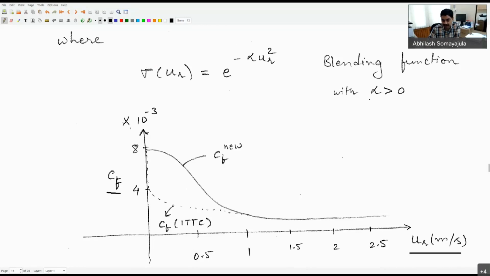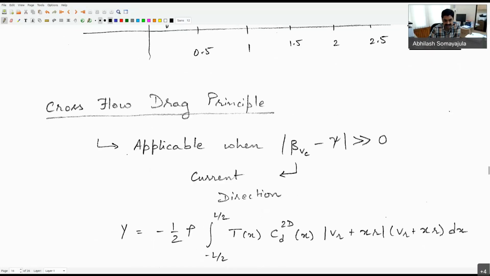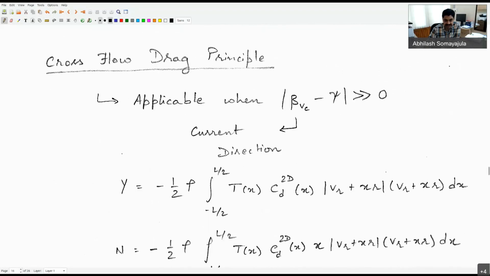Let's talk about what happens in the sway and the yaw. In the sway and the yaw, we apply something called the cross flow drag principle. This is really applicable where the direction of the current and my heading angle are very different from each other, which means my ship is oriented some way and the wind is coming at a very high angle.